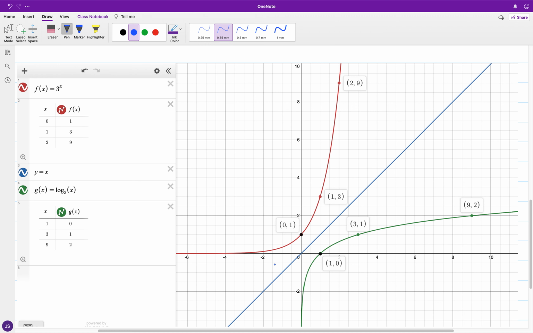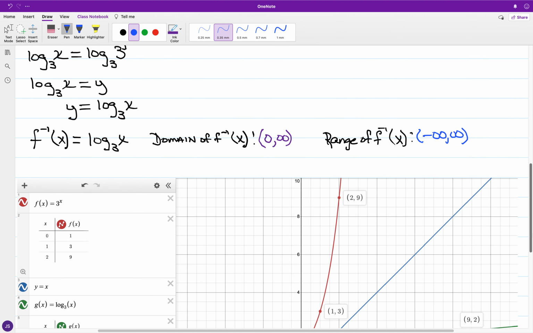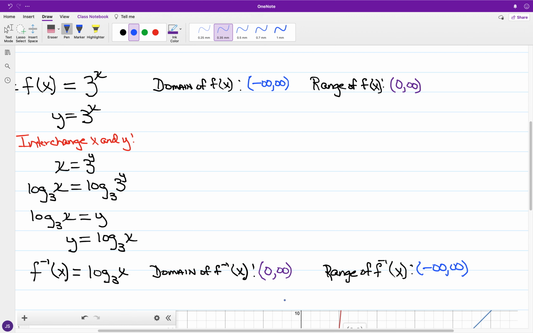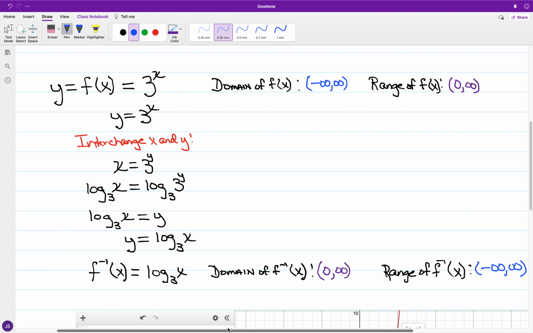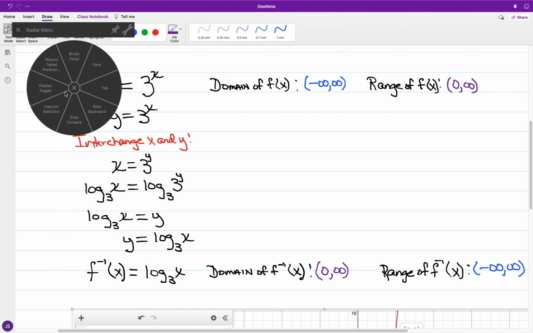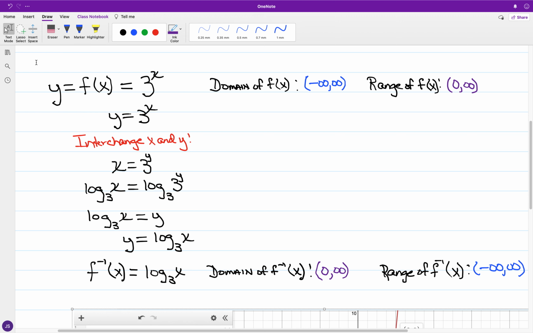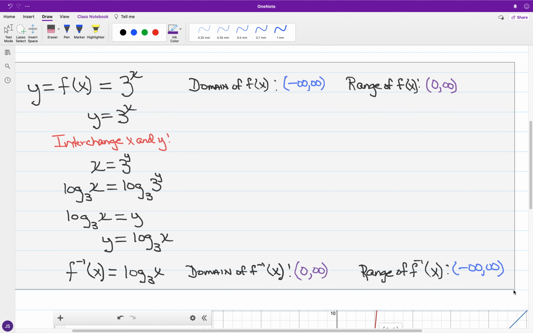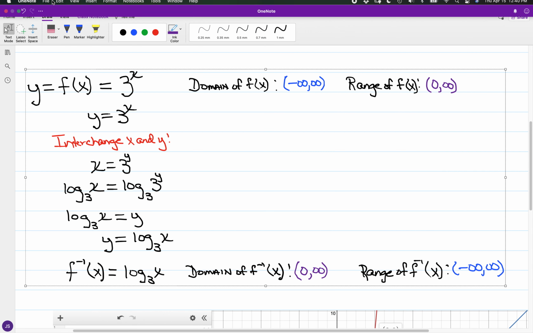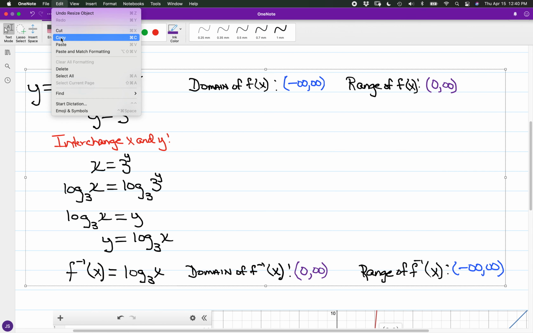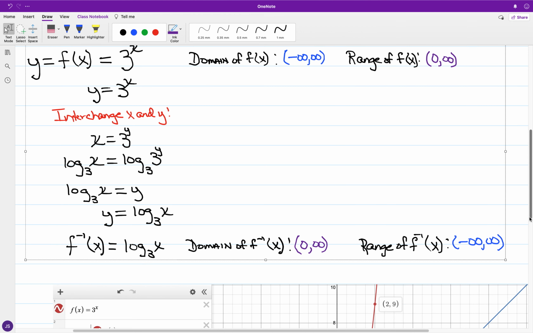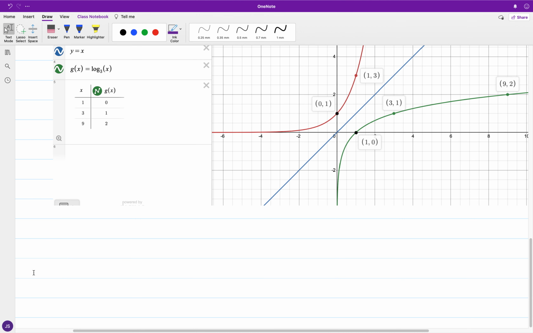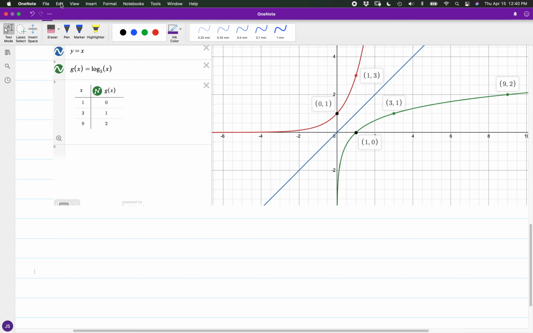And without changing things up too much, and keeping a lot of the elements the same with just the slightest modification. Okay, so this is for 3 to the x. Well, let's say I have a bit of a vertical shift.